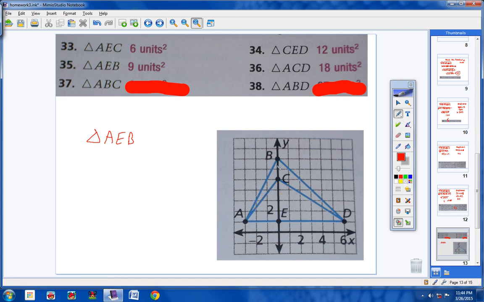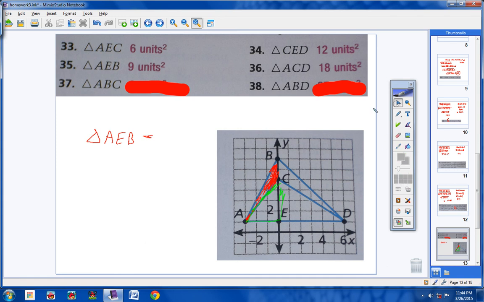If I find the area of this whole big triangle AEB, and then I subtract out triangle ACE like this, if I subtract out this triangle here, AEC, then I'm left with triangle ABC, which is what I'm trying to find.